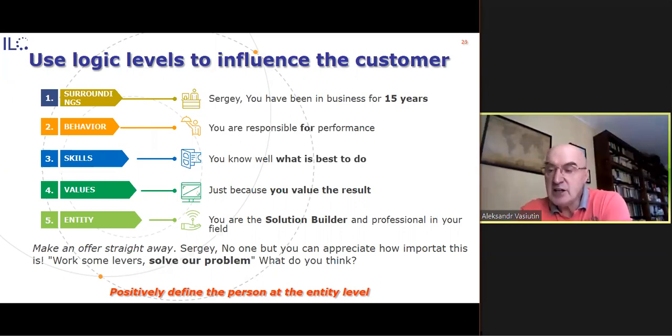The level of skills, you are good at knowing the best way to behave, the best way to act. The level of values, because you value results.